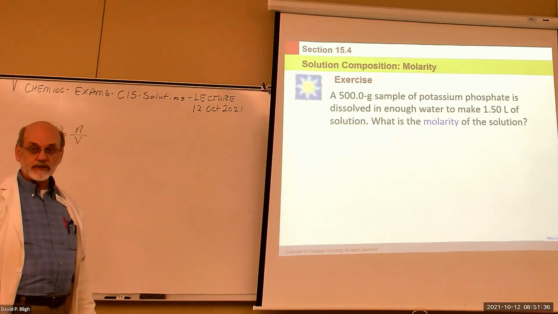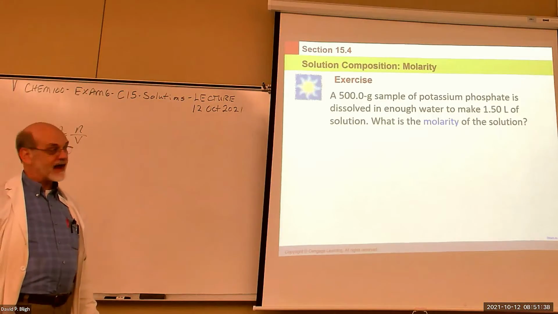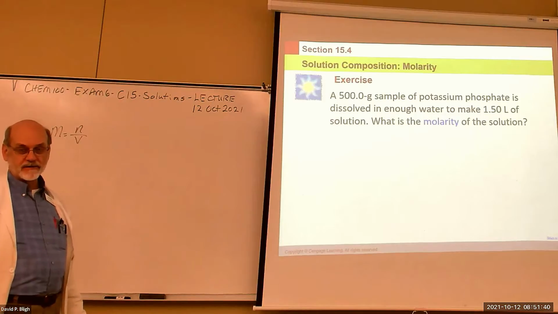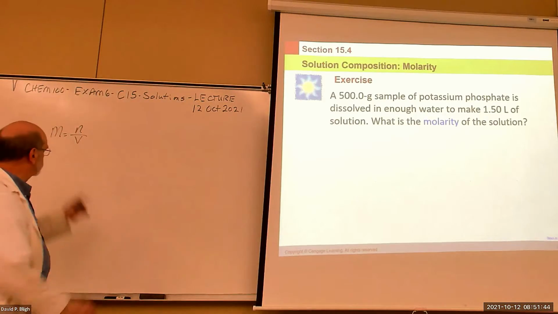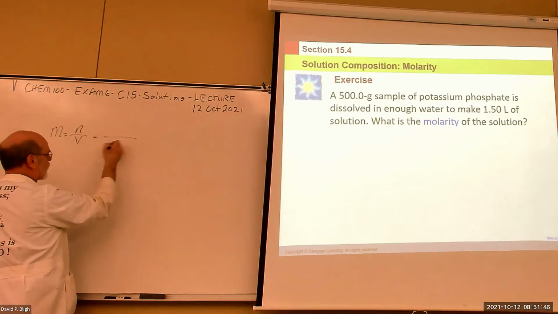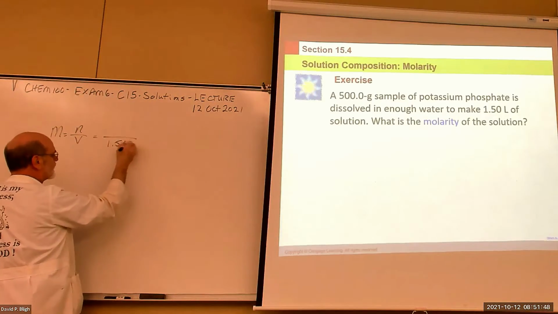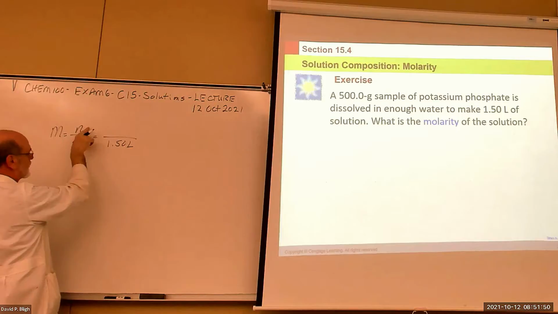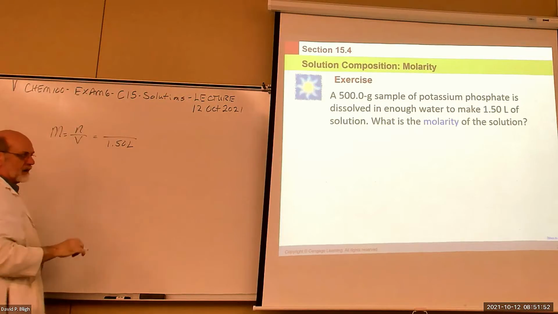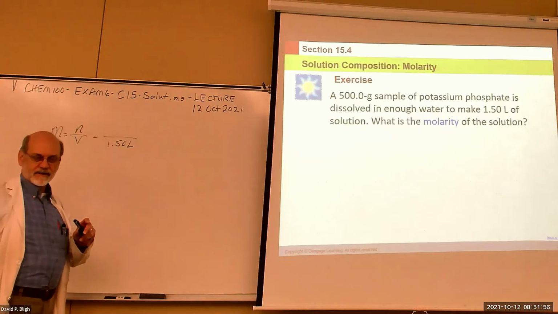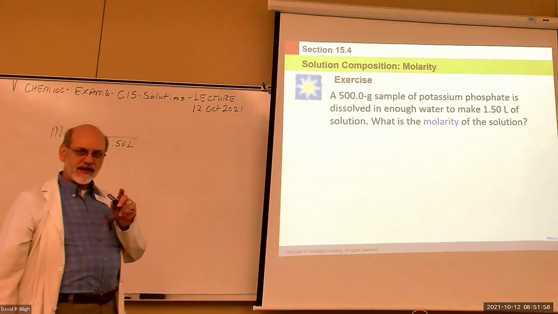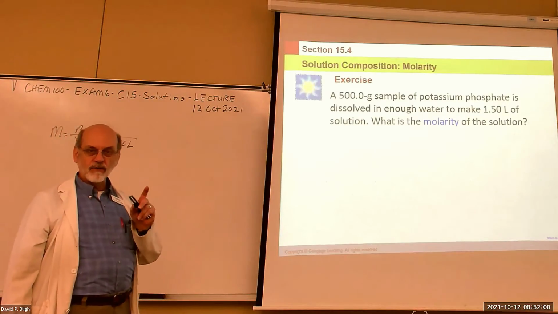We don't have moles. We've got to find out how many moles that represents. And we have 1.5 liters. That's good. We already have 1.5 liters here. Now we need to find moles. So how do you find moles from mass? When you have mass and moles in the same breath, think molar mass.